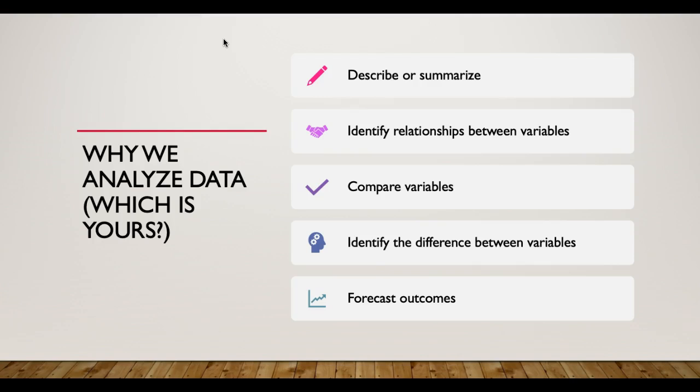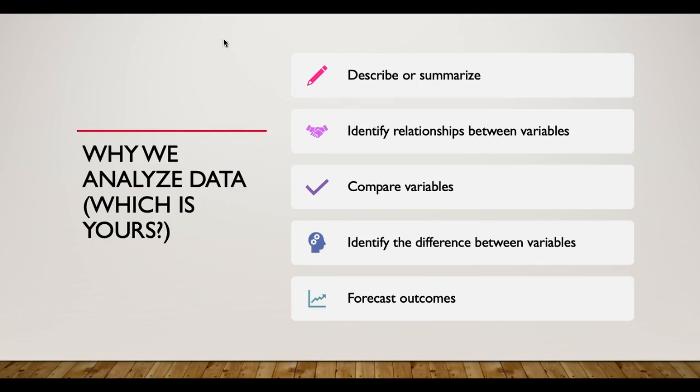So that's a relationship. You might compare variables. So maybe you'd compare orientation activity number 1, let's say it's observation, with orientation activity number 2, let's say the employee studies the manual. And you might compare whether orientation activity number 1 is more effective in employee retention than orientation activity number 2.